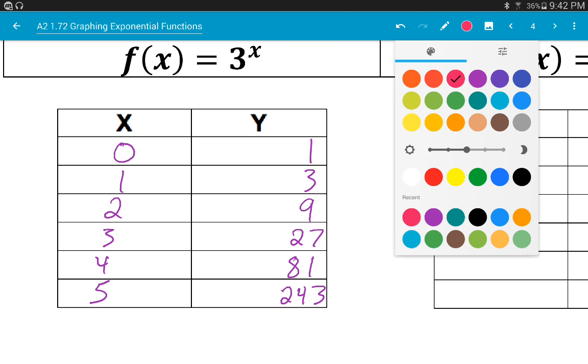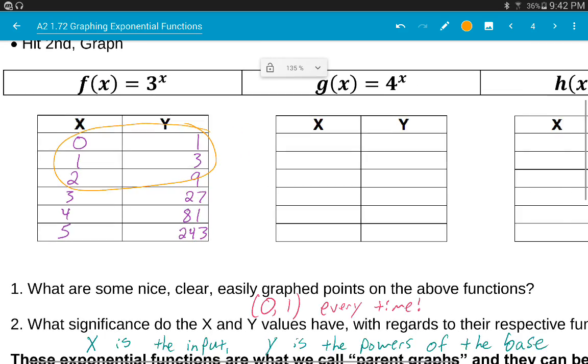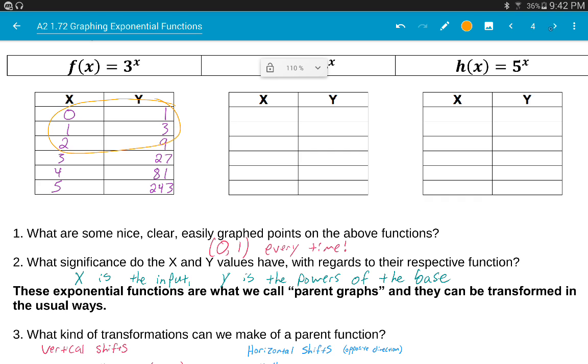Now most of these are a little too big, so these are the ones I'm going to focus on. I'm going to go to the back of the sheet and graph these points.